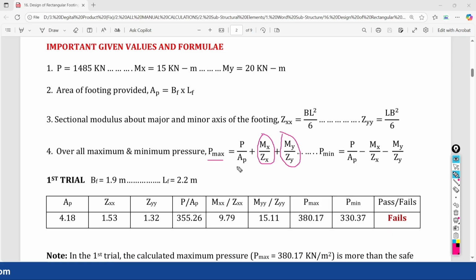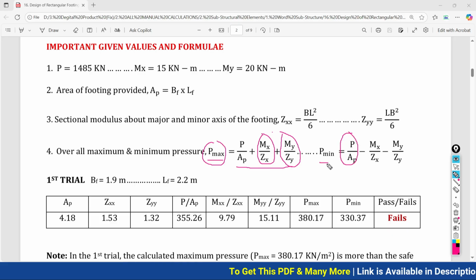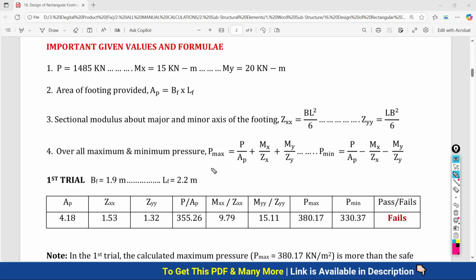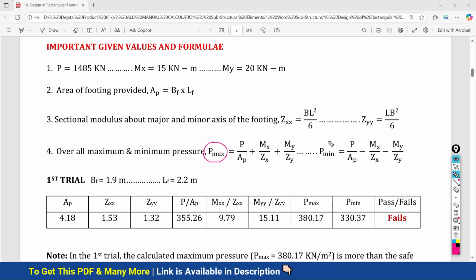You have to add all these values to get the final maximum pressure. Likewise, we have to subtract these two values from the base pressure, so we will get the minimum pressure. So this will be your final upward soil pressure as maximum, and final upward soil pressure as minimum. These two things we need to calculate.